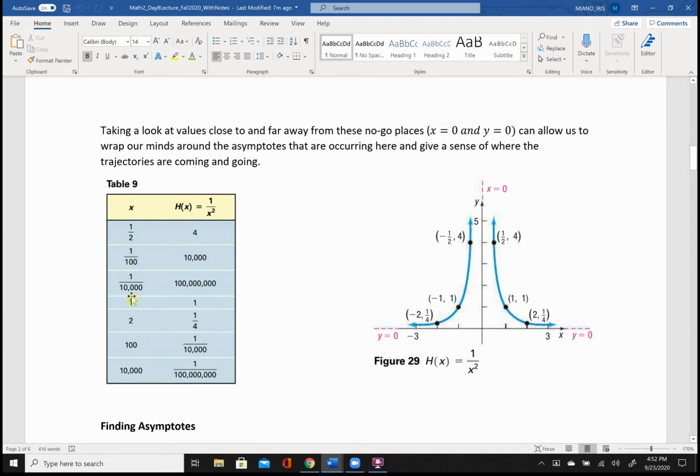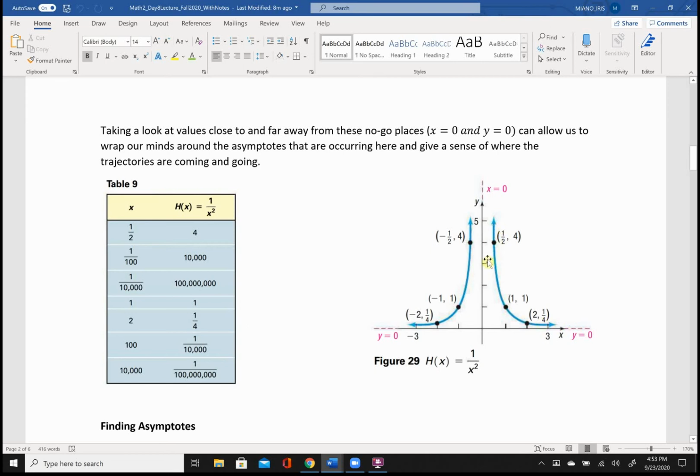On the other hand, as you notice, x getting relatively large, so getting far away from that zero value, the output y, the h of x function output value, gets really, really super small. And that's associated with this end of the trajectory getting really large for x. You are going to eventually ride the x-axis, just get infinitely close to it, but never actually crossing it or touching it in this case.